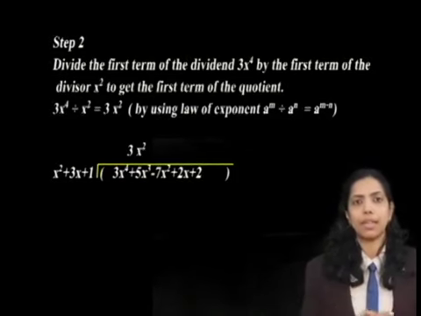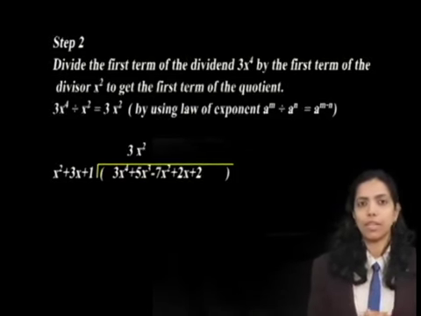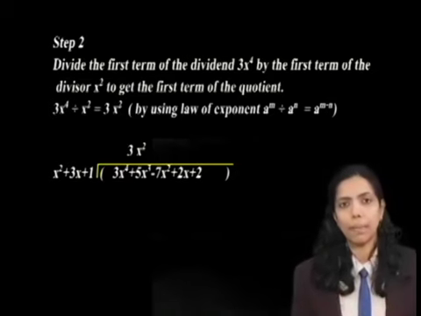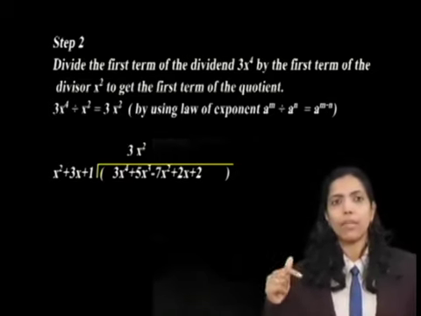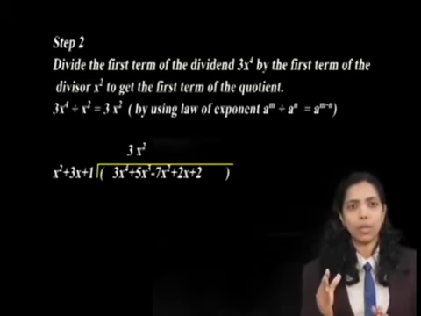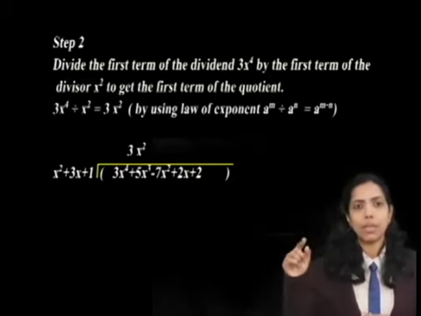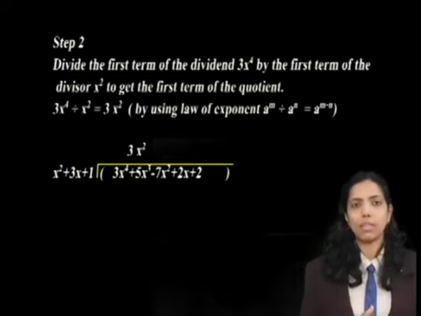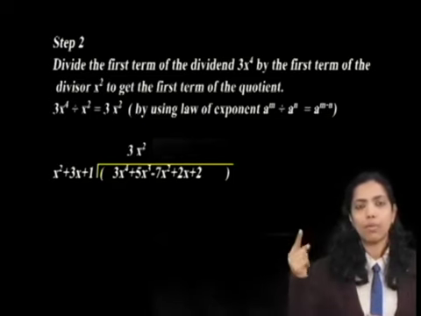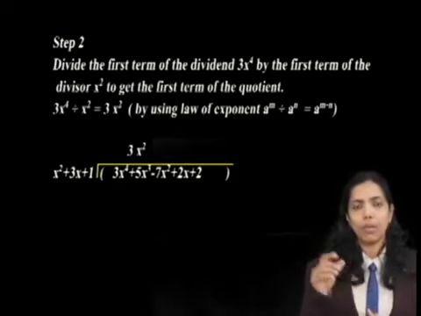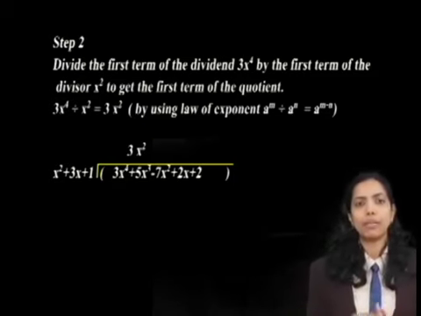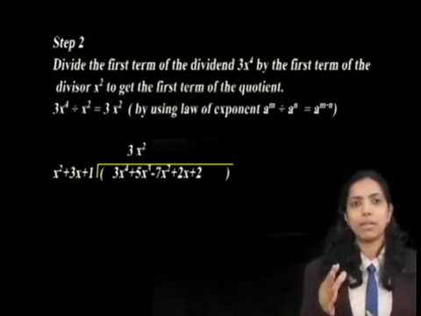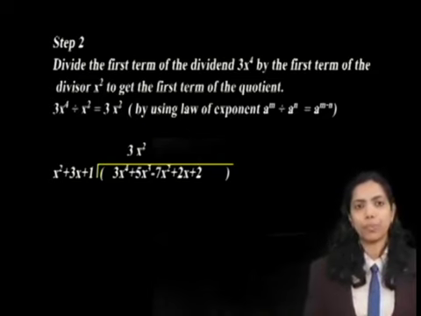Dividing a to the power m by a to the power n, we get a to the power m minus n. So 3x to the power 4 divided by x square is equal to 3 times x to the power 4 minus 2. What is the difference between 4 and 2? Of course, it is 2. So we get the first term of the quotient as 3x to the power 2.